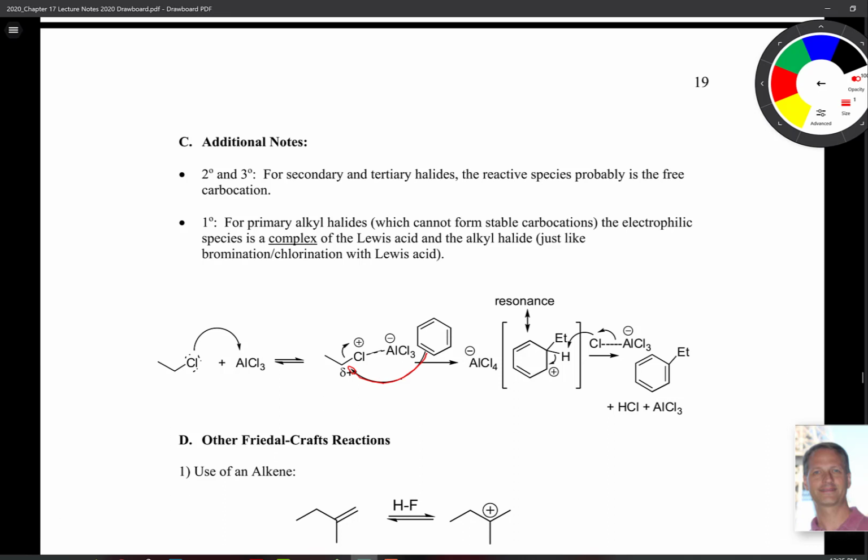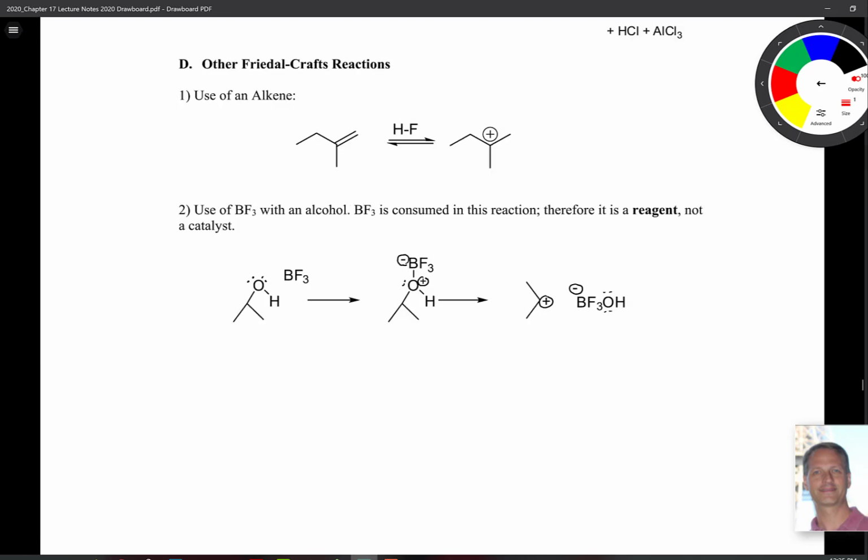The other types of Friedel-Crafts reactions are going to be reactions that just generate carbocations in different ways, other than having AlCl3 and an alkyl halide, for example. So we can use an alkene. If you take an alkene and add HF, for example, you end up getting this carbocation, right?